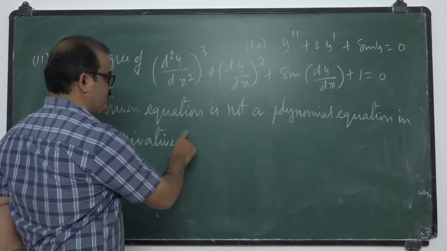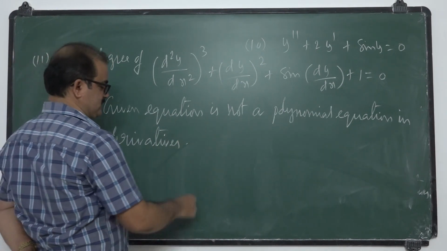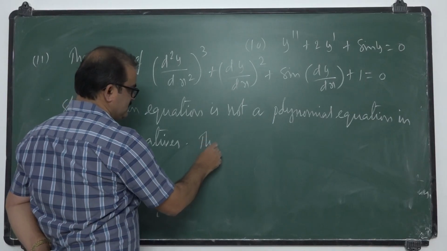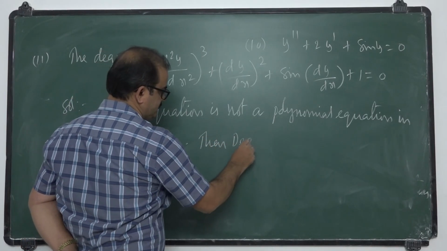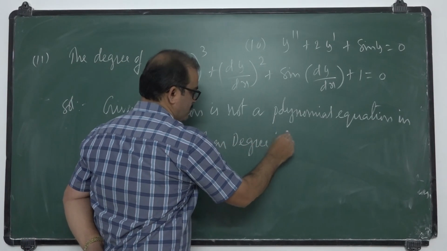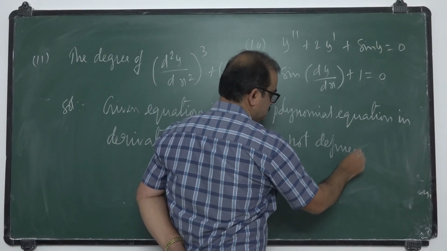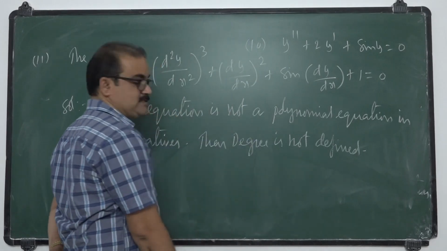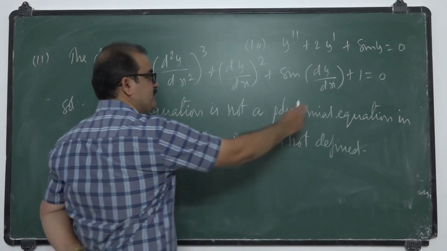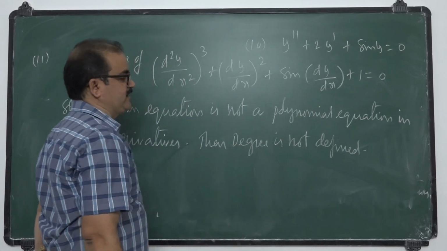If the given equation is not a polynomial equation, then the degree is not defined. Degree is not defined. Why is it not a polynomial equation? Here the derivative is in terms of sine.